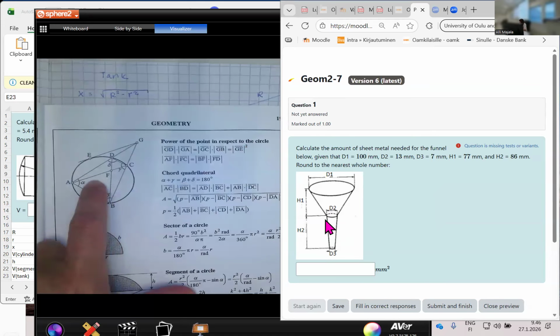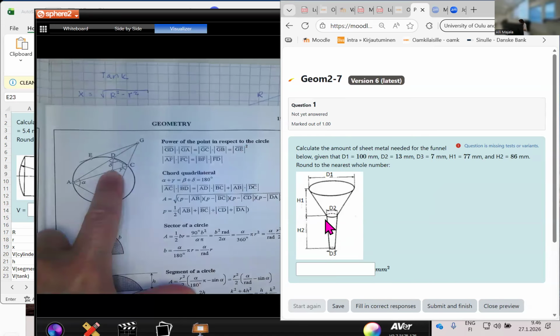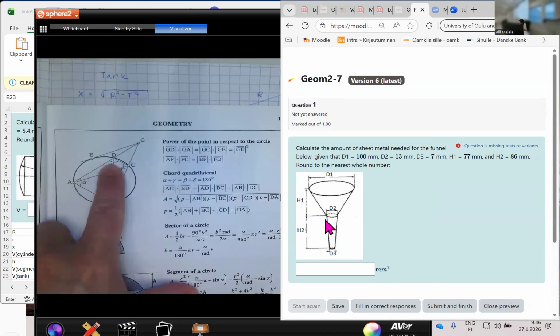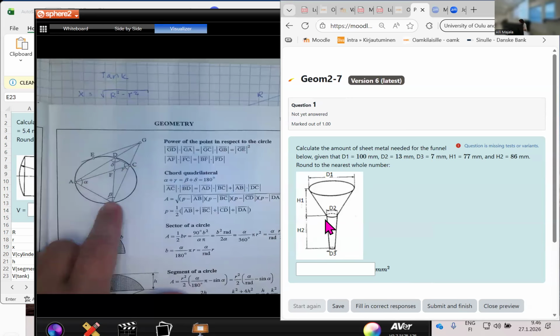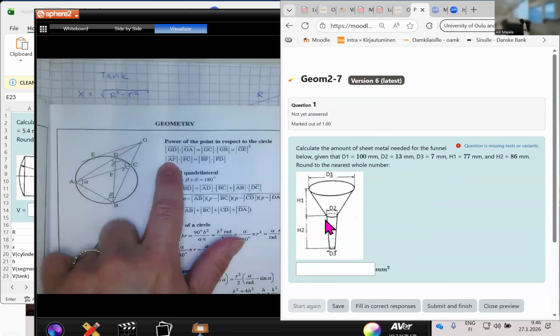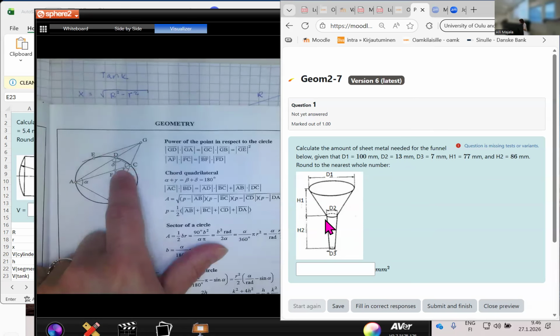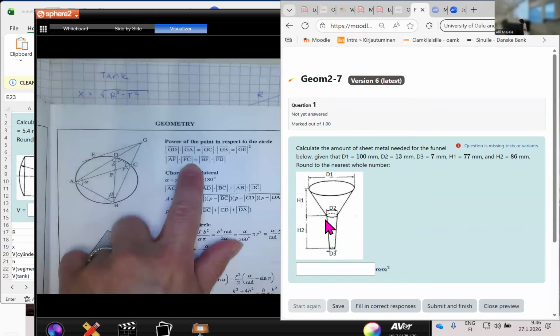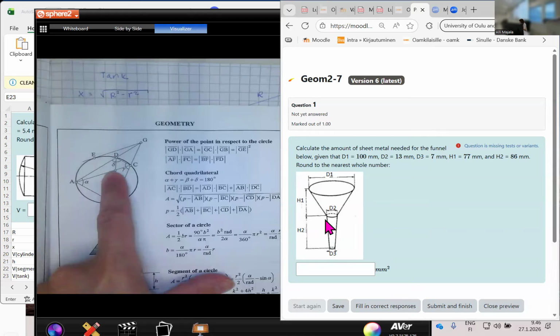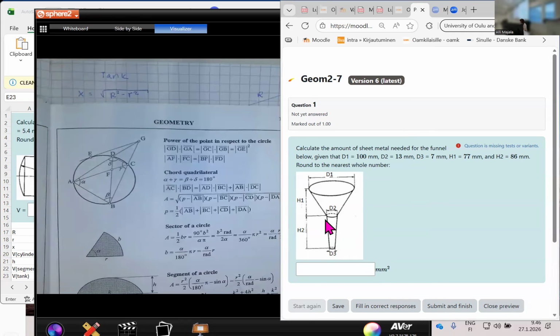So if there is some point, obviously inside a circle, and you draw some lines from the other edge of the circle to the other edge and the other way around, like was done there, then the length of this first part times the length of this second part is equal to the length of this part times the length of this part. So you just get a simple equation there because you know the lengths.